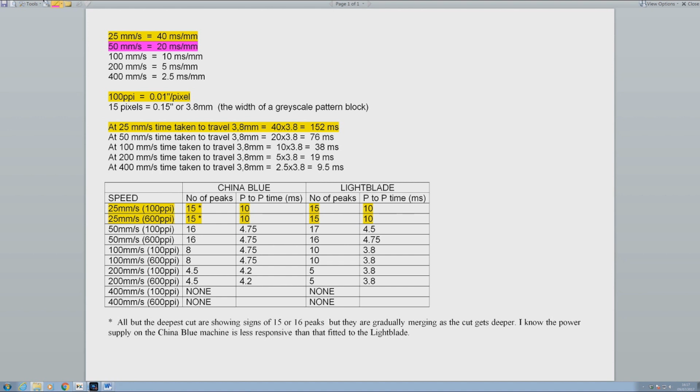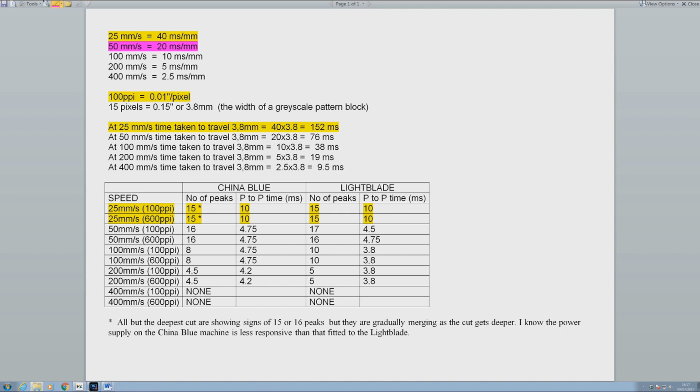Now that algorithm knows, first of all, how many pixels per inch we've got, because it's busy interpreting the picture that's on the screen. It knows what the resolution of them is. It knows what the speed is, and so it can calculate approximately a peak to peak time for each pulse.